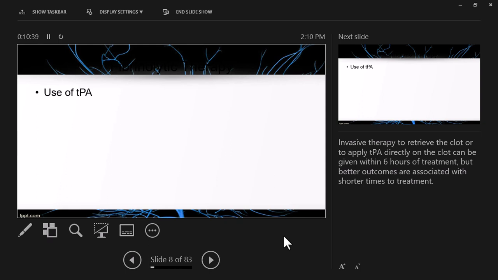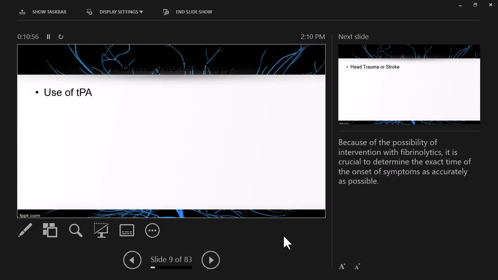That can be done in about 6 hours. Although, like anything else, Ryan, better outcomes are associated with those shorter windows because we have less damage and less cell death involved with the patient.